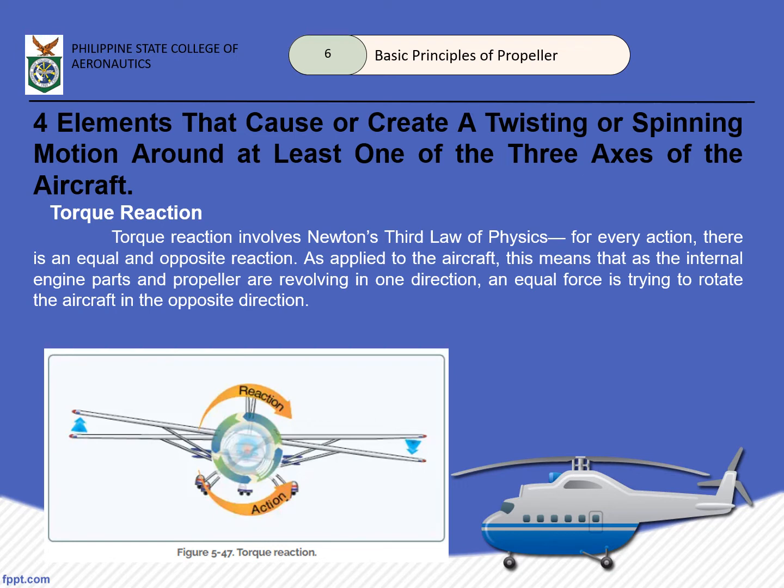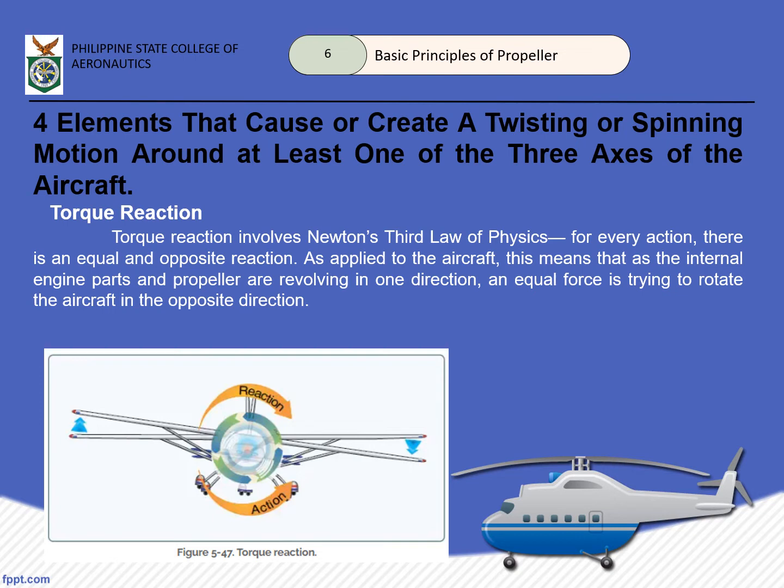Now, to further understand this, we have the Newton's third law that was mentioned. As we know, in order to create thrust, the propeller and internal engine parts need to turn. And as they do, there exists an equal force acting the opposite way of our action. That is the reaction.